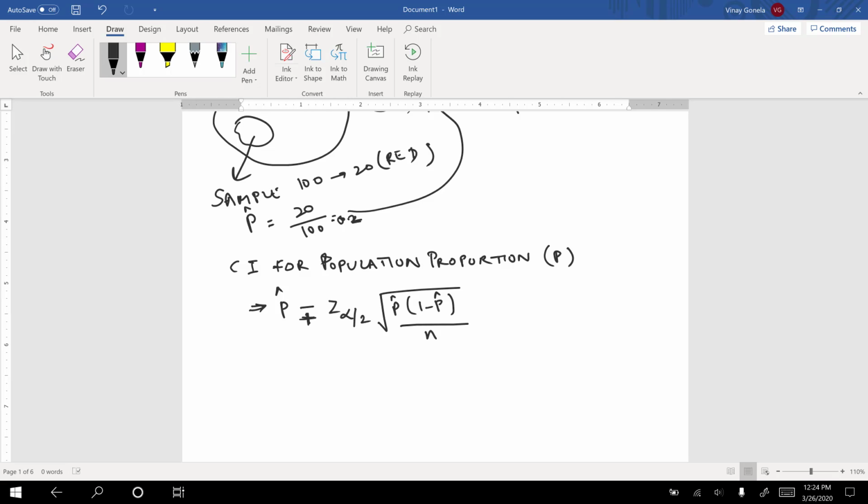So we are relying on sample data to make predictions about the population P.